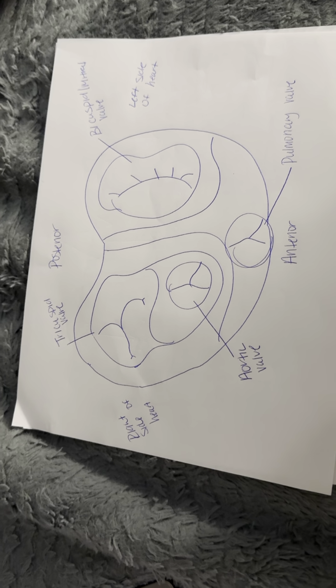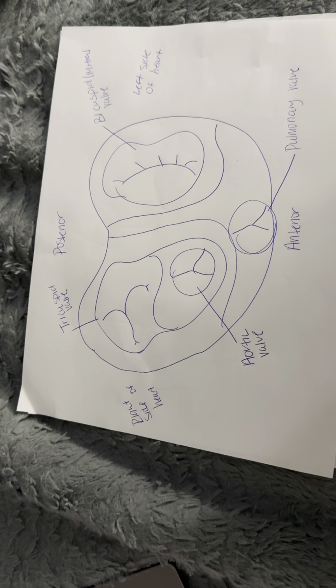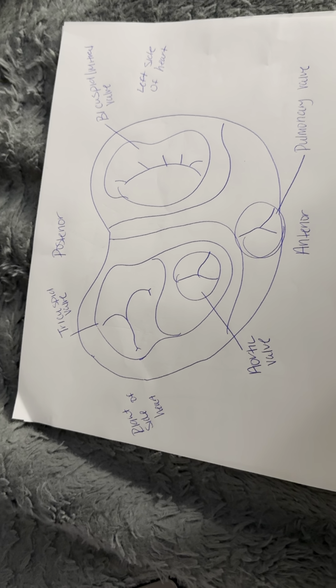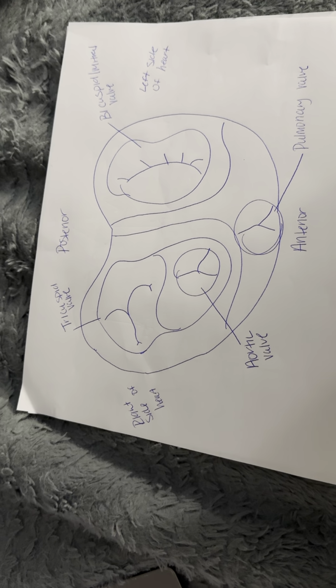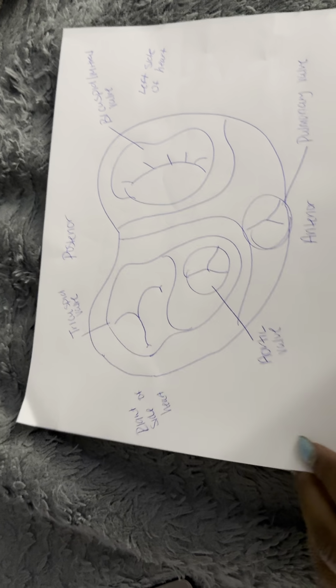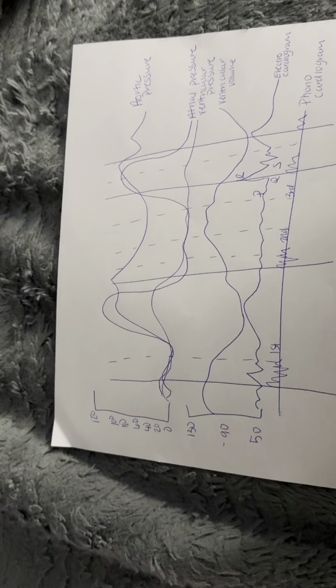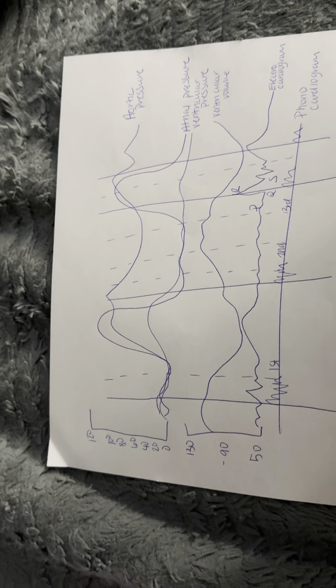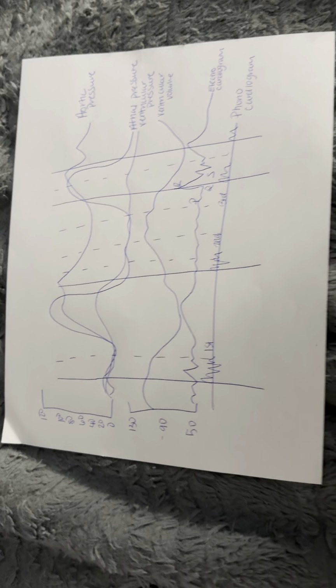So fifth is the isovolumetric relaxation, early ventricular diastole. After the ventricles finish ejecting blood, they begin to relax. As pressure drops, the semilunar valves close, producing the second heart sound, the S2, which is also called the dub.